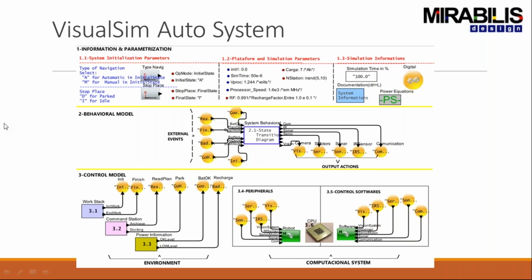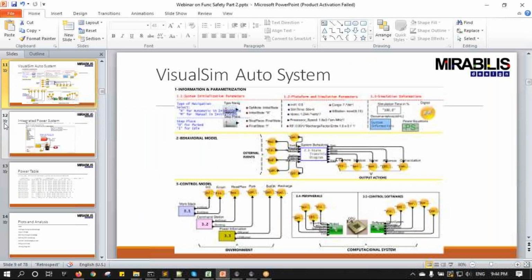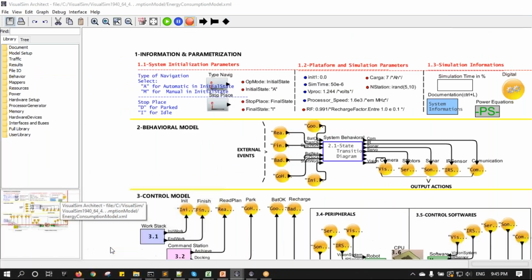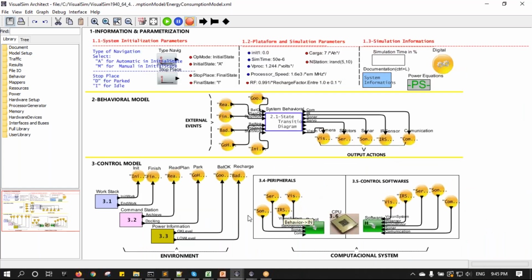If I go to the model over here, we see there is a state machine, and in the behavioral model, computer, we have environment and model.